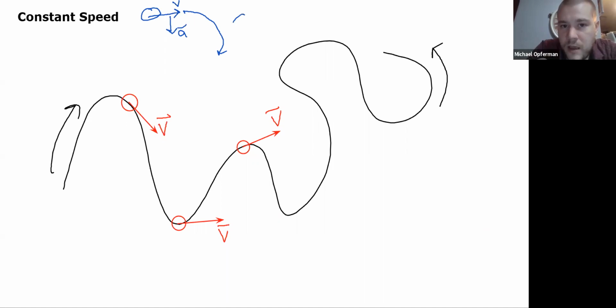And conversely, if you wanted the object to turn upwards like that, you would need to have an acceleration pointing upwards. So that's what I mean by the turning, that basically you can picture the acceleration vector as tugging on the velocity vector and pulling that velocity vector, causing it to rotate and pulling the path of the object off of a straight line path.